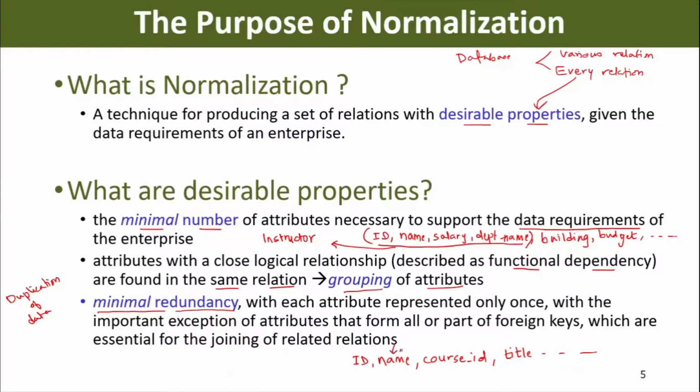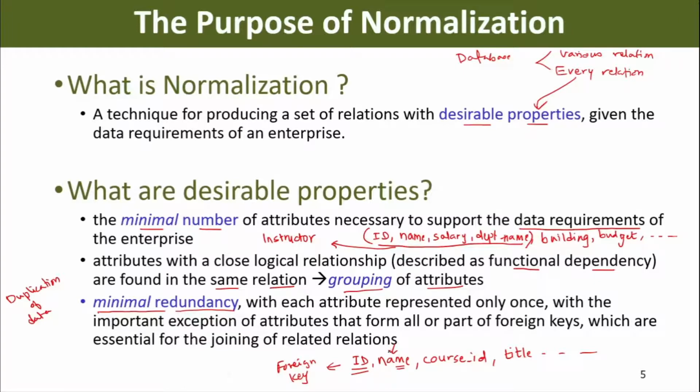Name of the instructor has already been stored in the instructor table. So there is no need to introduce this redundancy of the attribute name of the instructor, because it has already been stored in instructor. The only thing is, as we want to relate the information, this instructor ID can be used as a foreign key just to relate the data from these two tables, right?